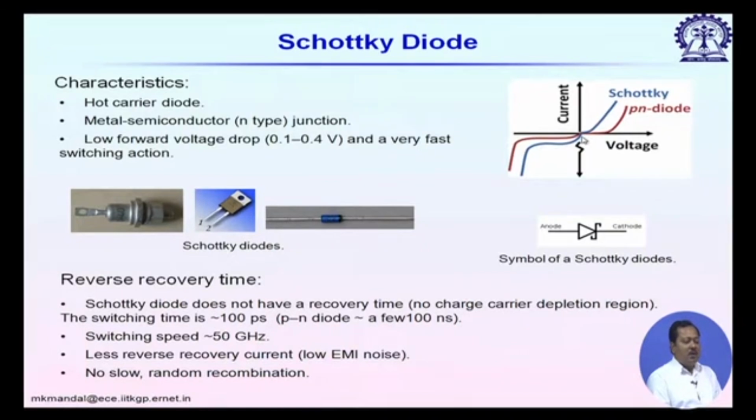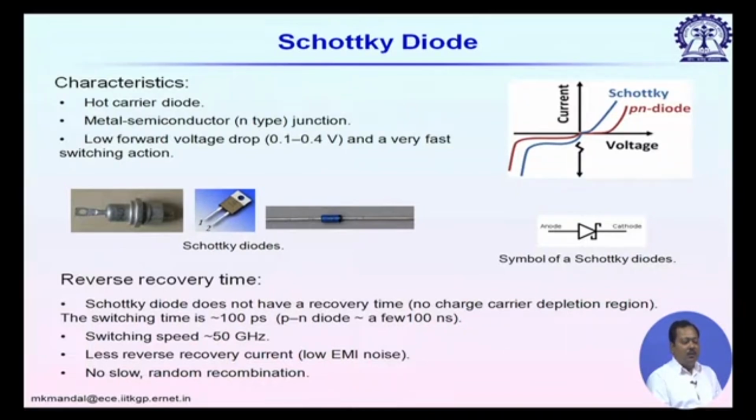But for Schottky diode, in forward biased condition, almost similar to p-n junction, the current increases very rapidly, but in reverse biased condition we have very high saturation current component. That means it will not behave like a reverse biased p-n junction, or the equivalent resistance in reverse biased condition is much smaller compared to a conventional reverse biased p-n junction diode.